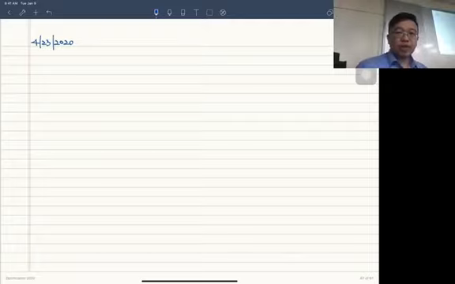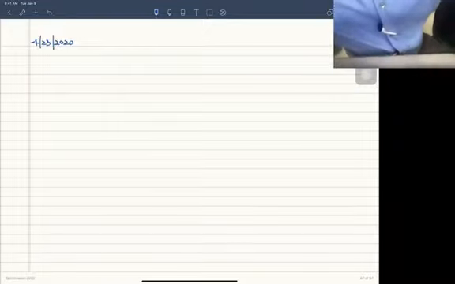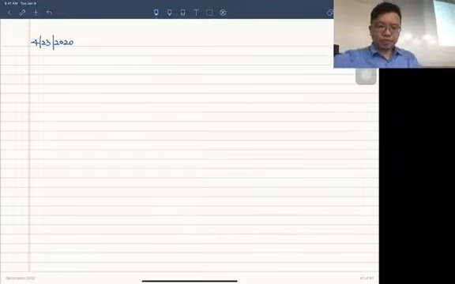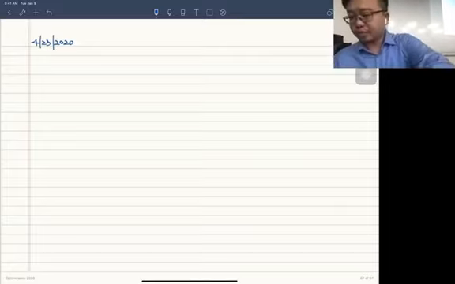We're going to cover something new today. Last time we introduced one method, a constraint optimization method with linearization.